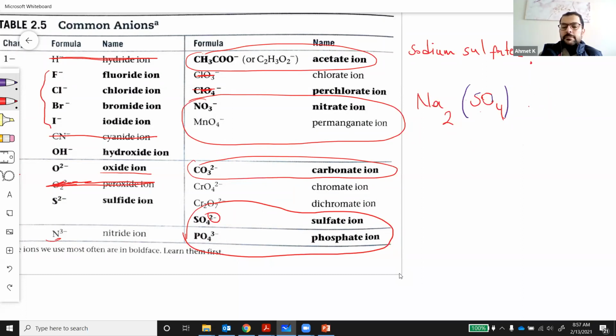Okay, so let's try to write the formula of sodium nitrate.